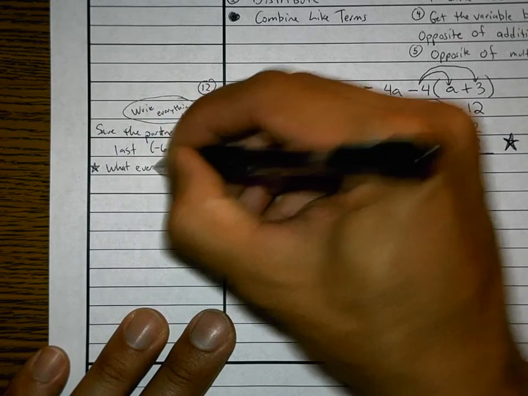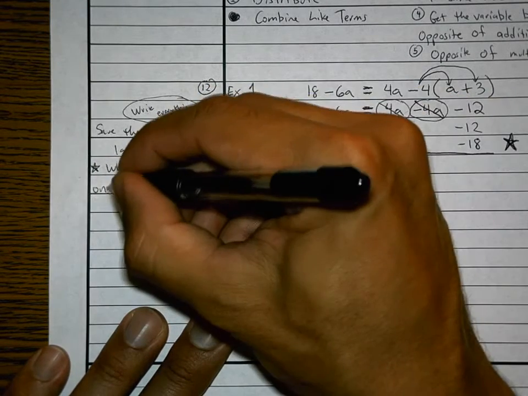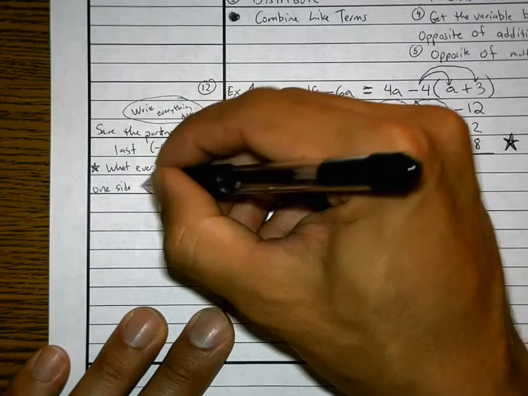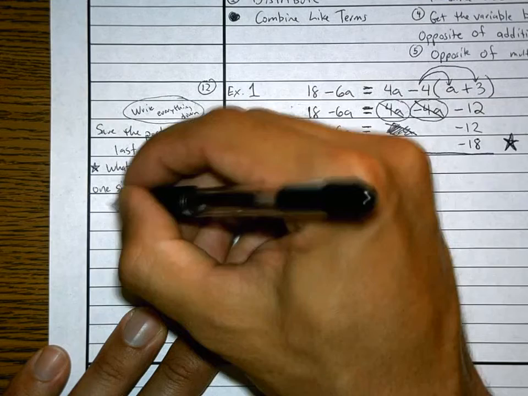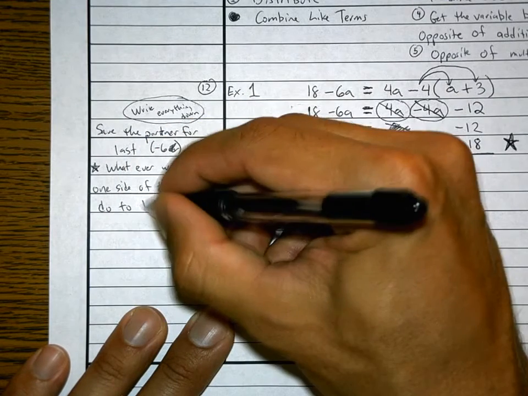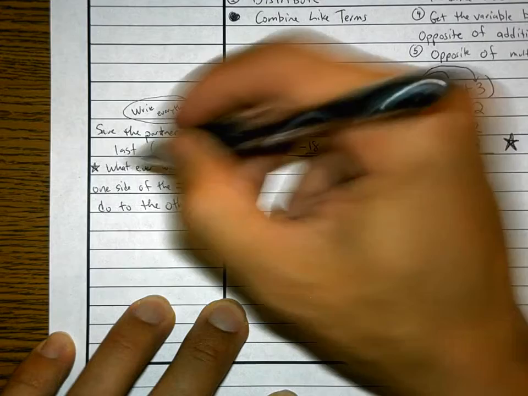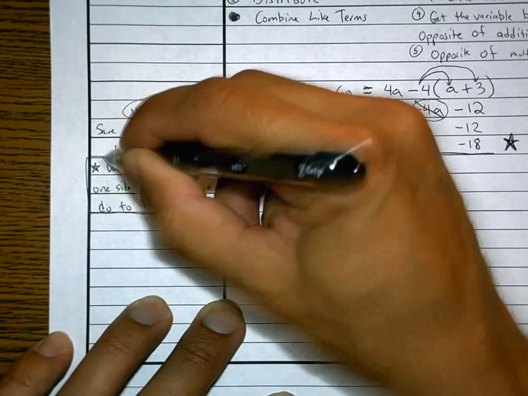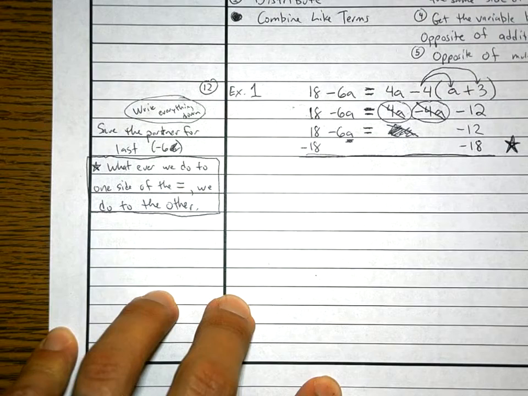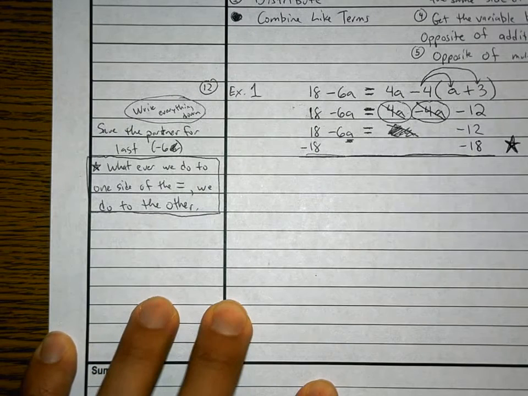Whatever we do to one side of the equal sign, we do to the other. That is a fundamental number one rule of algebra.